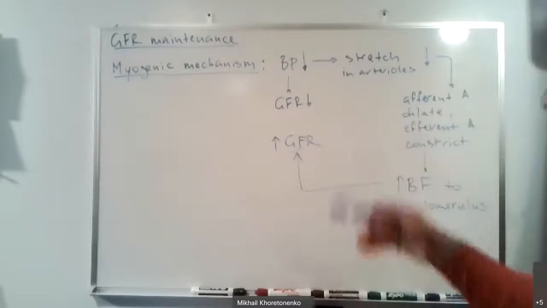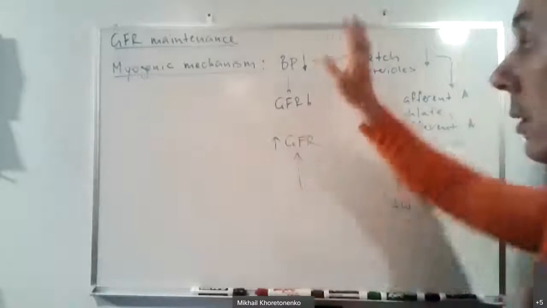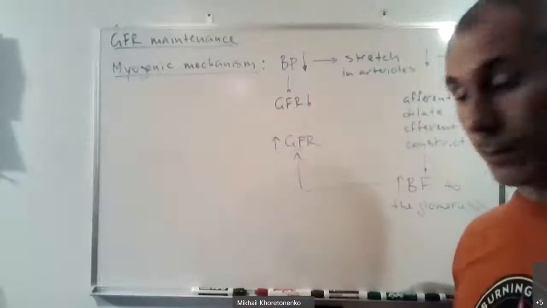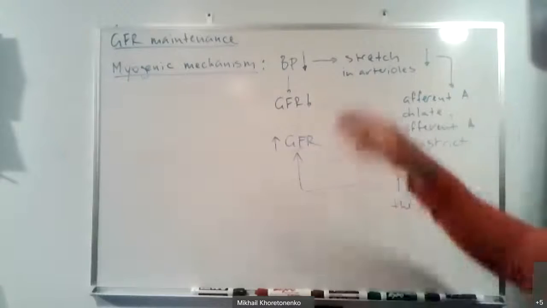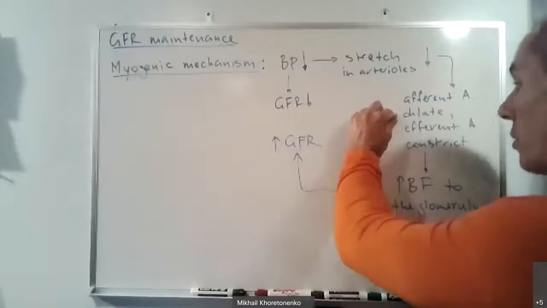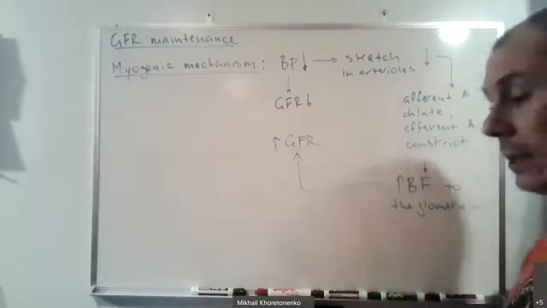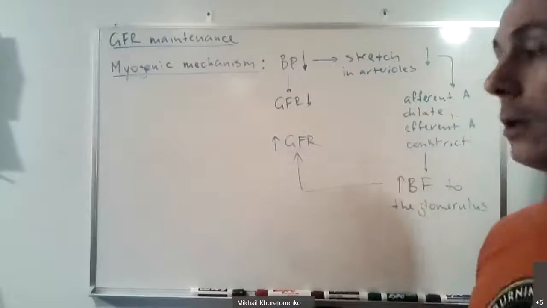If you want to model what happens when blood pressure goes up, you just need to flip all the arrows. So in response to increased blood pressure, afferent arterioles will constrict, efferent will dilate. Does that make sense? Okay.